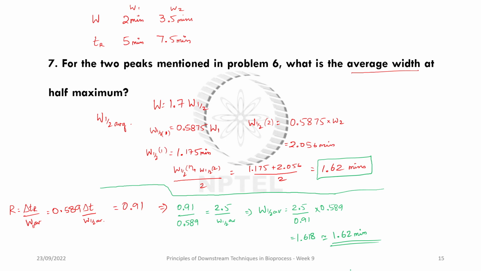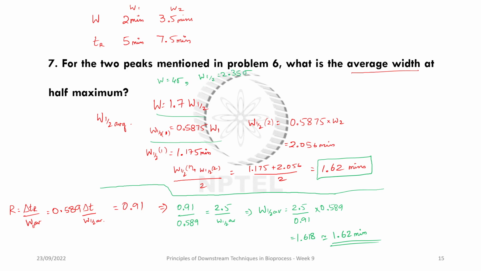Was this clear? Have I confused anybody now? So I have derived this or this from W is equal to 4 sigma and W half is equal to 2.35 sigma.